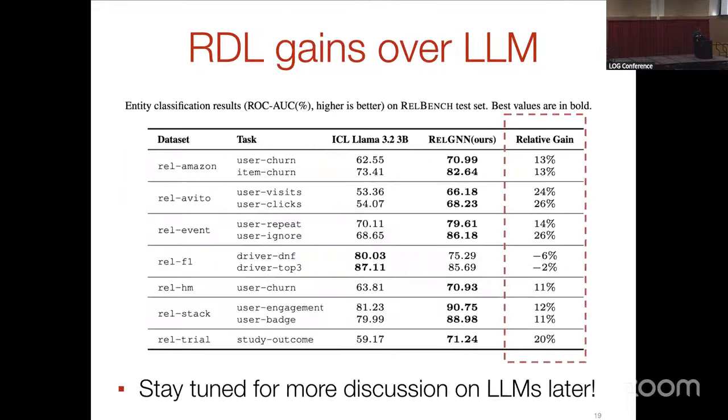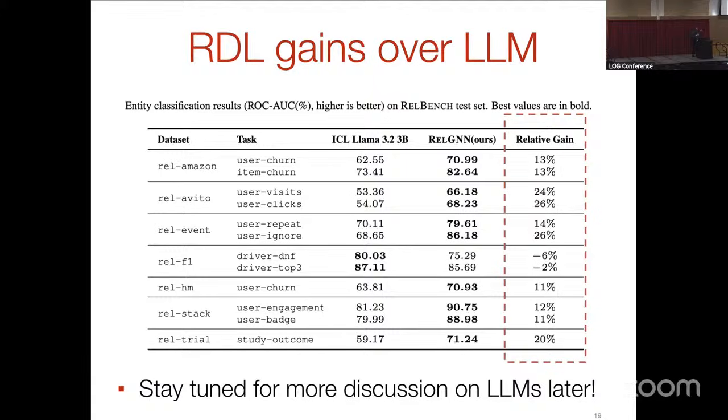So here I have some results. These results are some binary classification tasks. So we have different data sets, different tasks here. This is when you do in context learning with Llama 3.2 3 billion. And this is a graph neural network approach that we propose. You don't need to bother about the details. But the point I want to make is that there is a huge gain if we design specialized models that are able to somehow capture the inter and intra-table dependencies of relational databases compared to, let's say, using large language models for making the predictions.